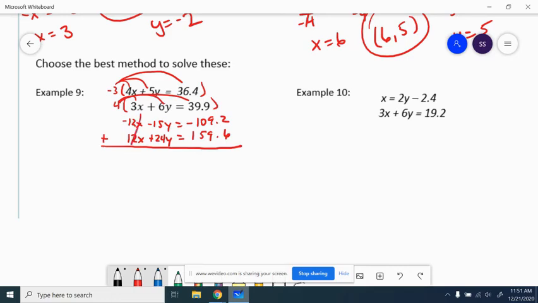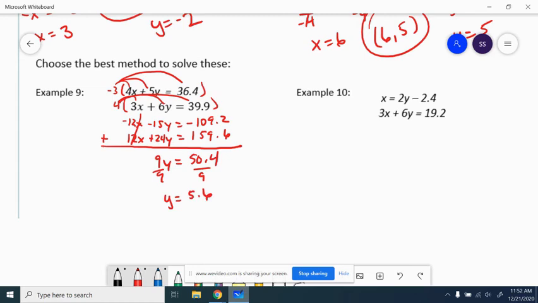And so now I can add these two equations up because I have the x's eliminating. All right, so add up the y's. Negative 15y plus 24y is 9y. And negative 109.2 plus 159.6 is 50.4. So divide by 9 on both sides, and I'm left with y is equal to 5.6.